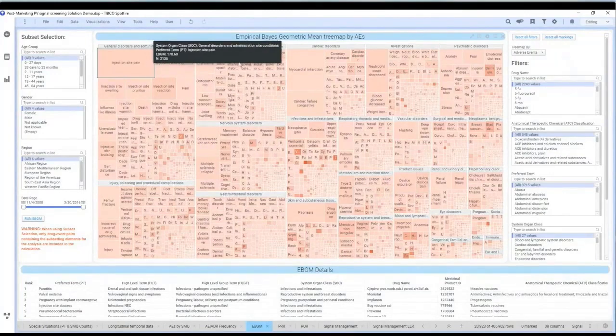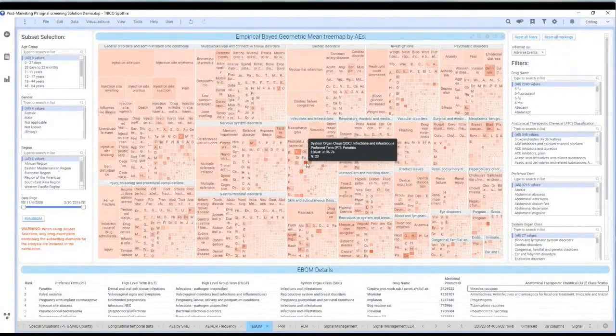And if you see, there are some brighter red tiles. This means that this preferred term and that drug adverse event is generating a stronger signal. As you can see, this color is pretty dark. It's alarming red, although the tile size is really small.